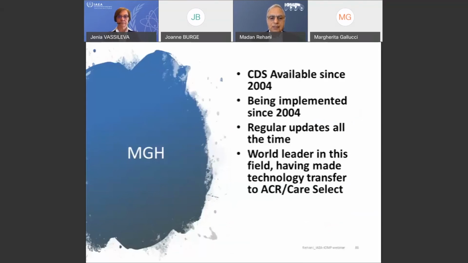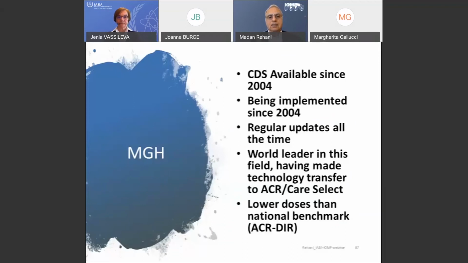We are world leader in this field of using clinical decision support in radiology. And so we have lower doses than the national benchmark. So it means both the best possible justification system and the best possible optimization are in place, although there is always a possibility to do better. But this is what one can imagine.